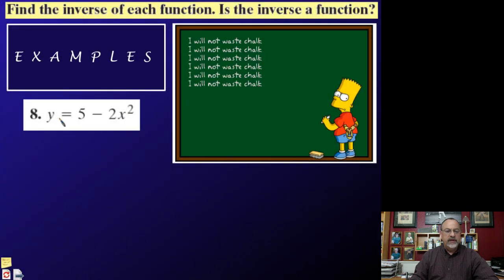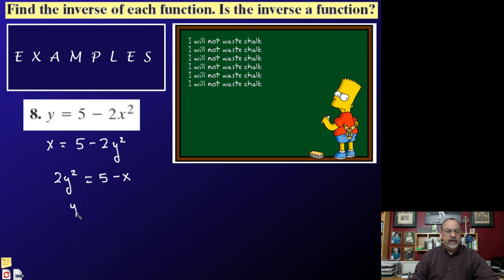So here we have our example, y is equal to 5x minus 2x squared. To determine the inverse, the y becomes an x, and this x becomes a y, and then we're going to solve for y. So to make this positive, I'm going to move it to this side here, and that means I'm going to move the x over here, so this is going to be 5 minus x.